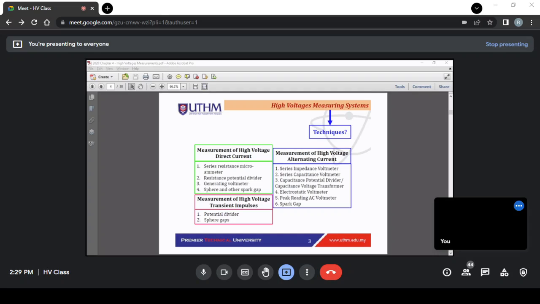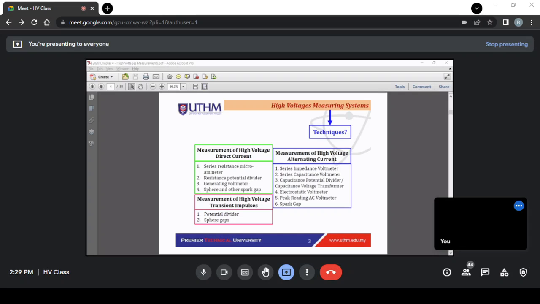But for DC, you will have it constantly at that level. For AC, we will have RMS values. But for DC, we fix at that particular value. So at every single second, the magnitude will be at 1 kV, for example. While for the alternating current, it goes up and down.